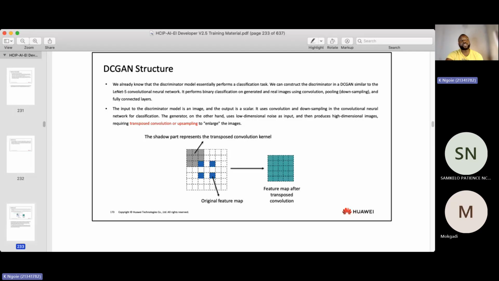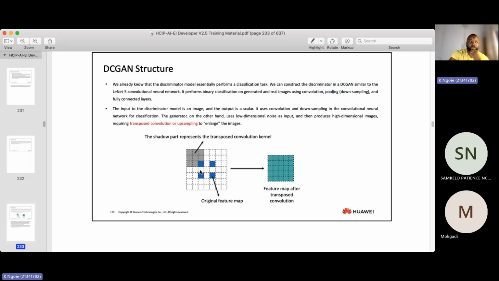All right. So there's an introduction of convolutional kernels, the same way we've seen in CNN. For the discriminator to perform the classification task, we can construct it in a DCGAN similar to other convolutional neural networks such as LeNet. This will perform a binary classification to identify the real images using convolution and pooling. Remember when we spoke about CNN?